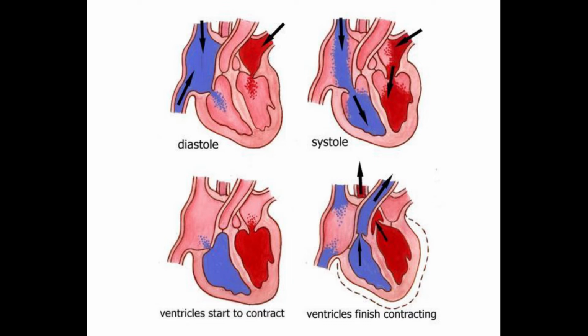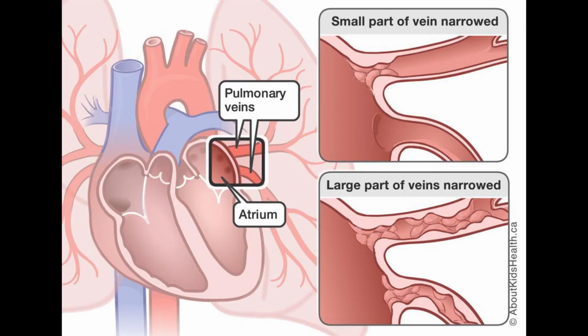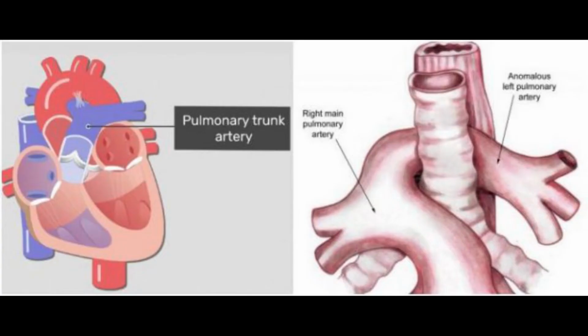Like that, when the auricles relax, blood flows into the auricles from the pulmonary veins and vena cava. Pulmonary veins are the veins which bring oxygenated blood from the lungs to the heart. The superior vena cava and inferior vena cava, both veins, bring blood from all the body parts to the right auricle.